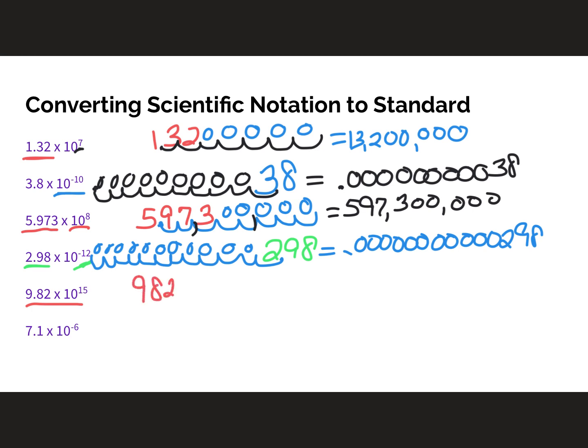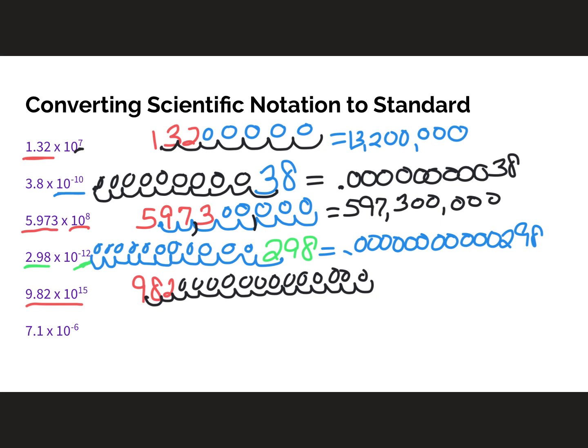So this one is 982. I'm moving this 15 times. 1, 2, 3, 4, 5, 6, 7, 8, 9, 10, 11, 12, 13, 14, 15. That's zeros added in groups of 3. Okay.